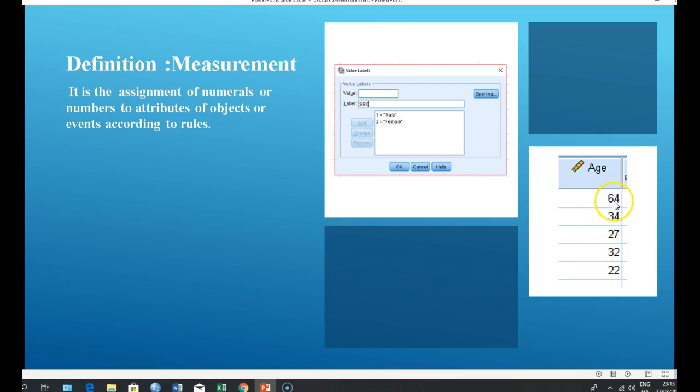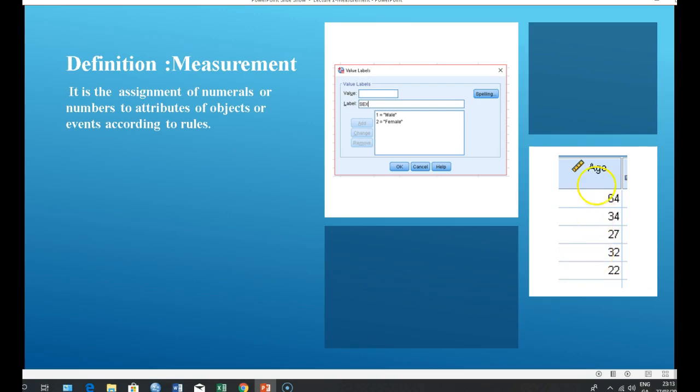But in this case, we assumed that those who were 64 years had reached their 64th birthday. So annually, years do increase as you reach your subsequent birthday.